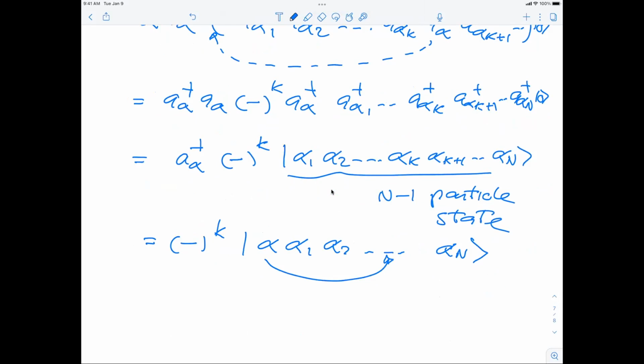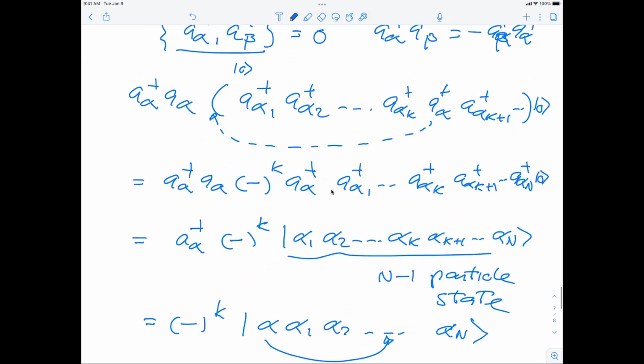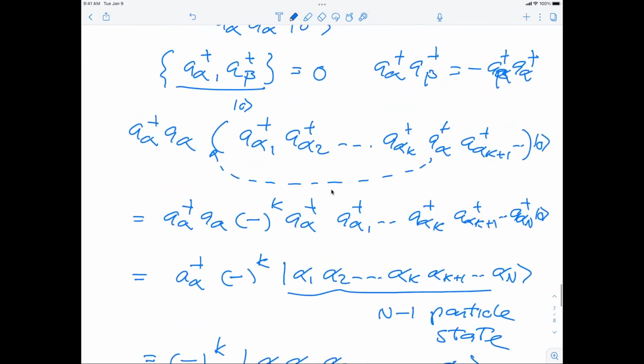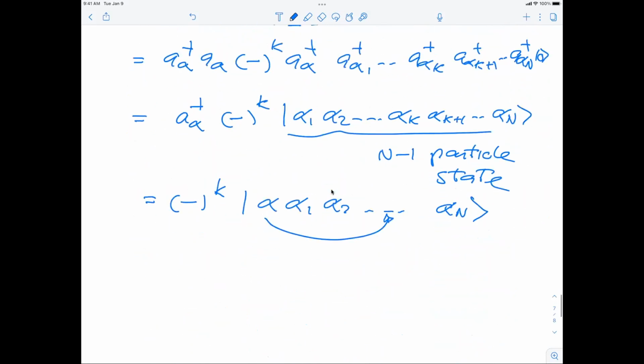To bring that back again, I'm going to reuse this anti-commutation rule. That gives me (-1)^k, (-1)^k, and have it twice, so that's plus. So this brings me back to alpha_1, alpha_2, alpha_k, alpha_{k+1}, and up to alpha_N.